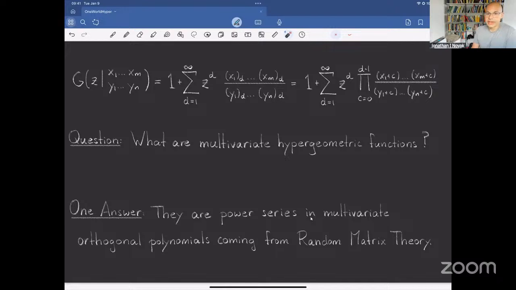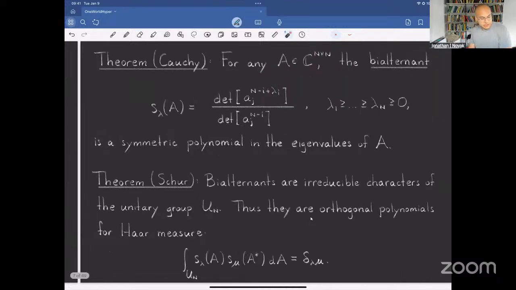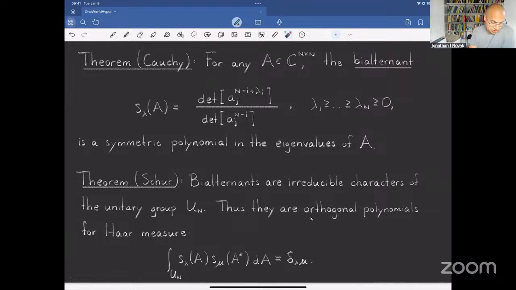But there's one very concrete answer, which makes sense to discuss in a probability seminar: multivariate hypergeometric functions have power series which involve multivariate orthogonal polynomials coming from, or used in, random matrix theory. The simplest version of this is to define a class of multivariate hypergeometric functions using the Schur polynomials, which are multivariate orthogonal polynomials, essentially for the circular unitary ensemble. Okay, so for the eigenvalues of a uniformly random unitary matrix.